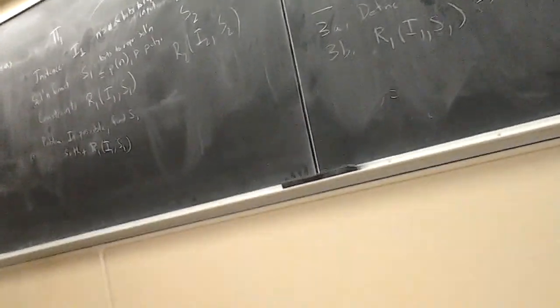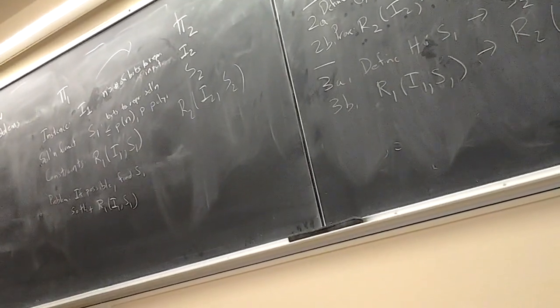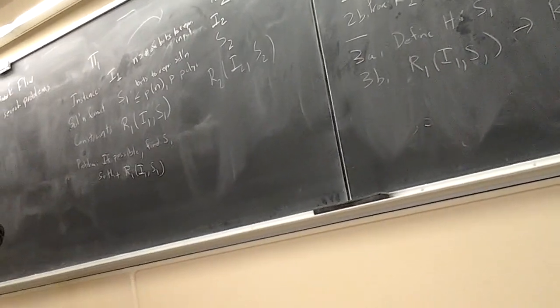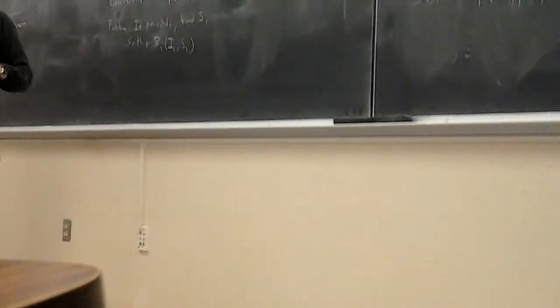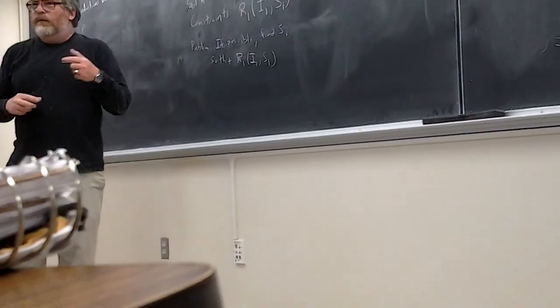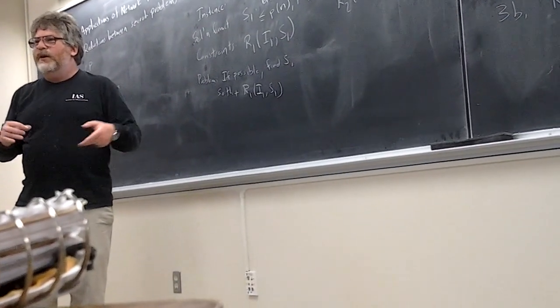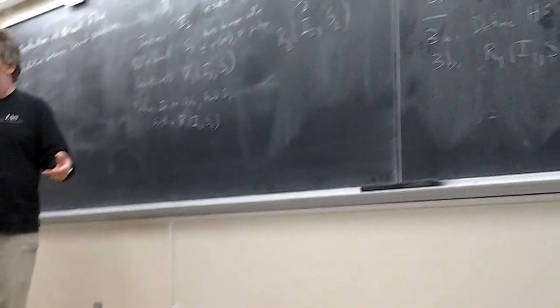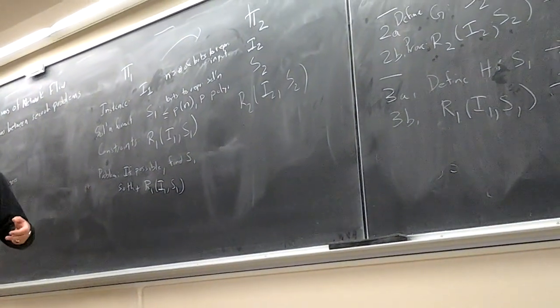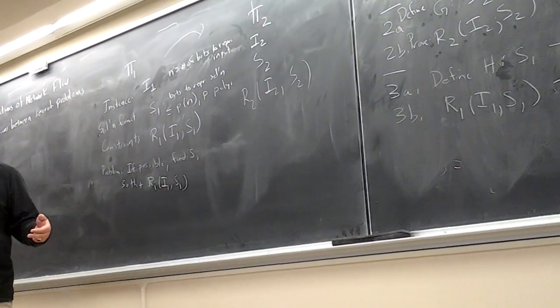Yes? Why do we choose bits instead of another representation? Because any valid representation, like base 10 and so on, is going to be related within a constant factor to bits. Any other base is related within a polynomial factor.